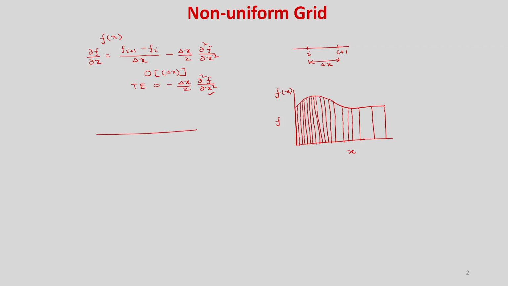You have learnt this problem in the undergraduate fluid mechanics course. The edge of the boundary layer will go like this. What is the variation of the velocity? You have a uniform free stream velocity.